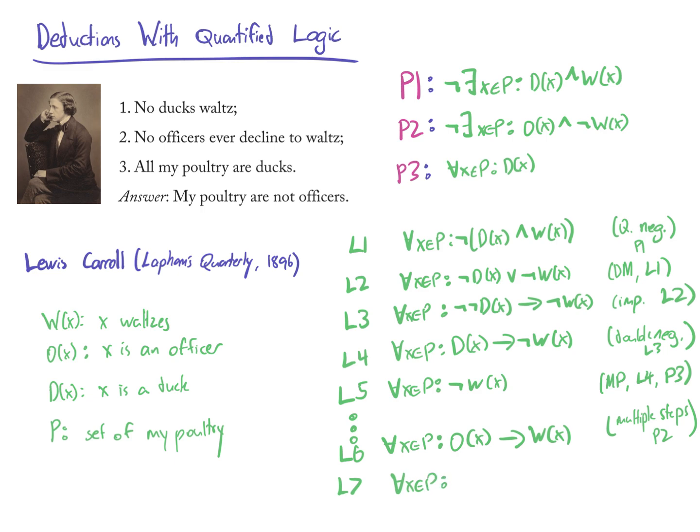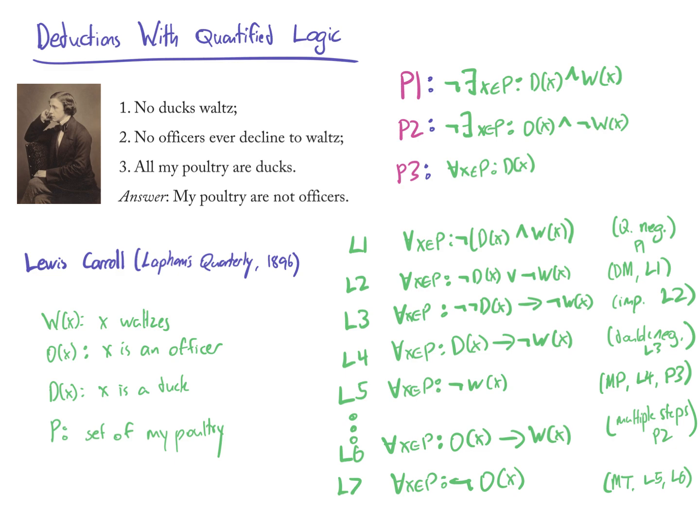I have for all x in P, O of x implies W of x right here. And I have not W of x for all x in P in line 5. And so that means that by modus tollens, with line 5 and line 6, I can conclude not O of x for all x in P. And this is what I wanted.